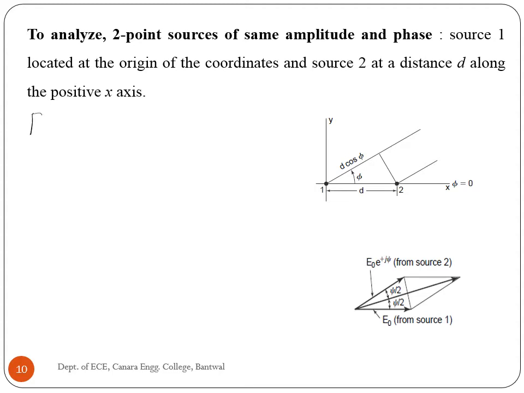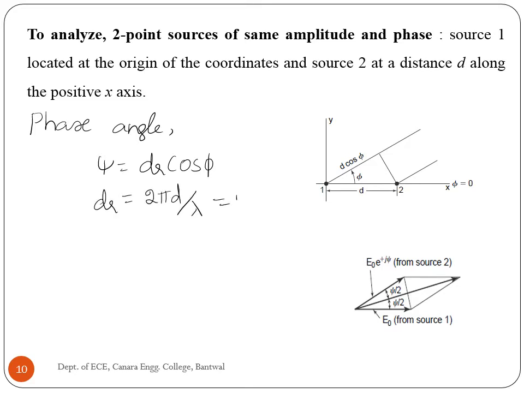Therefore, phase angle xi equal to dr cos phi, where dr is equal to 2 pi d by lambda, which is equal to beta d. The field from source 1 as reference, the field from source 2 in the direction phi is advanced by dr cos phi.